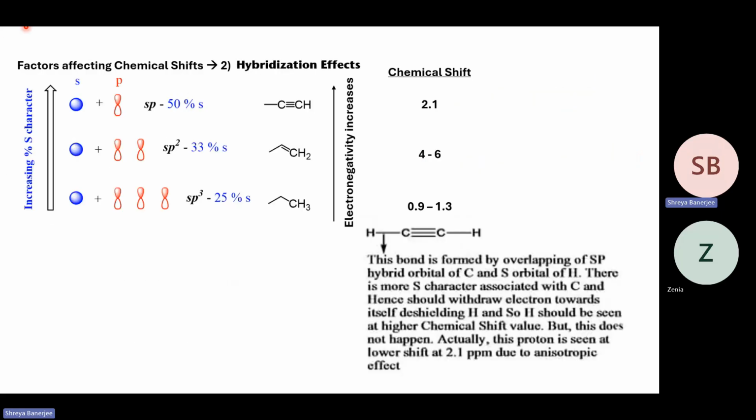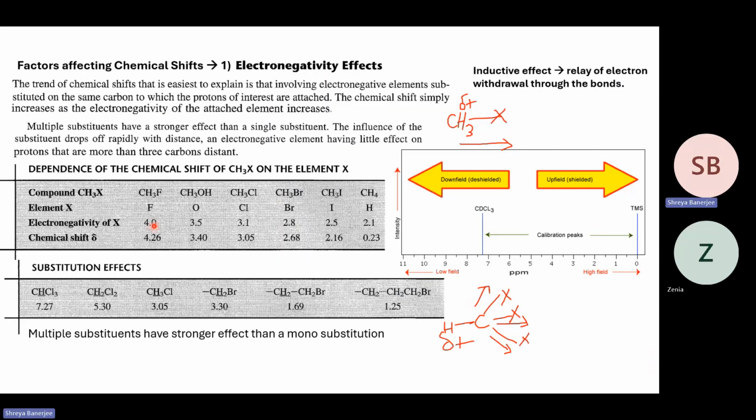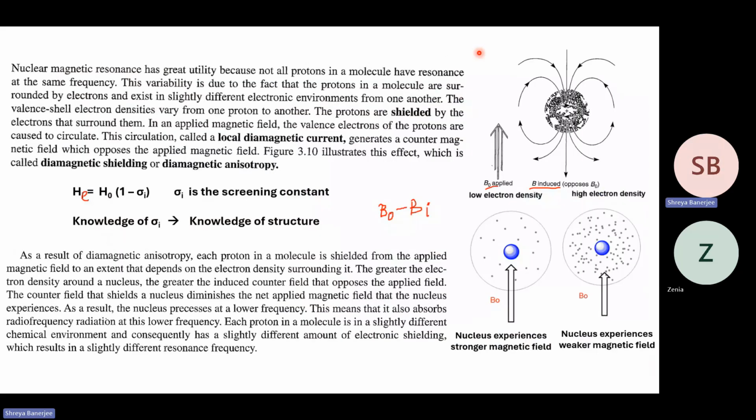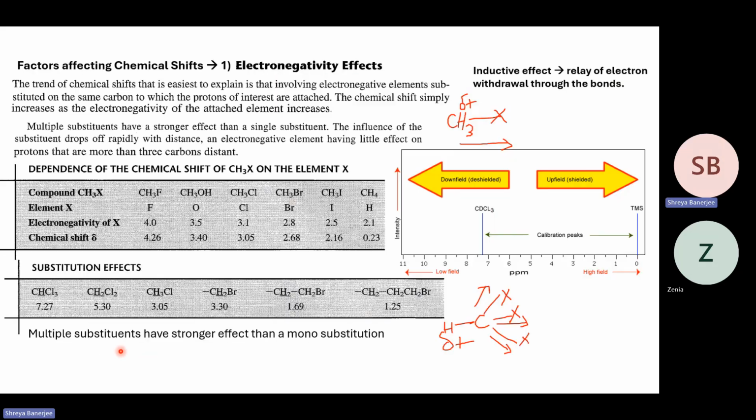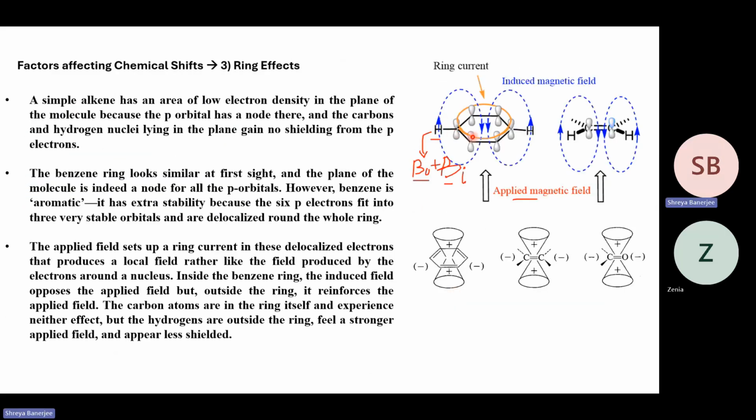We have seen that a stronger magnetic field means that it will be more de-shielded. So stronger magnetic field means there are fewer electrons around it, and fewer electrons means it is more downfield shifted or de-shielded. So this hydrogen attached to the aromatic ring will have greater values of the chemical shift.